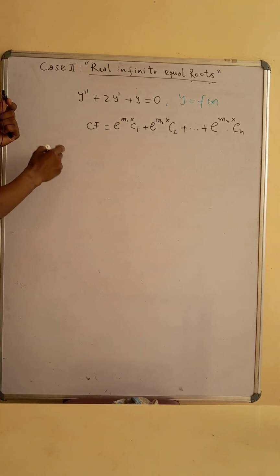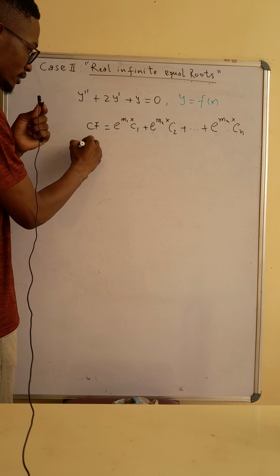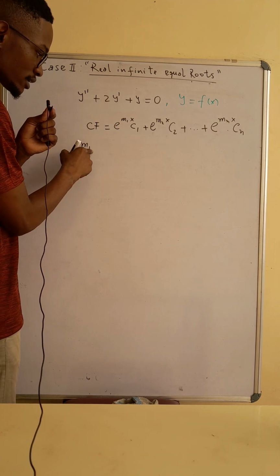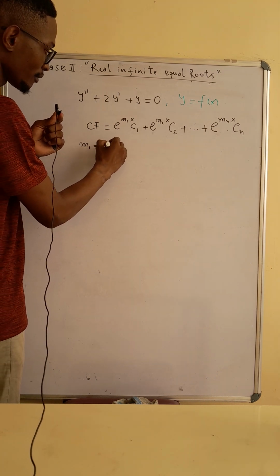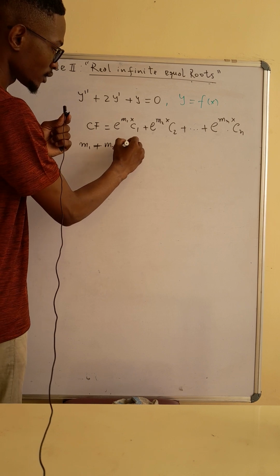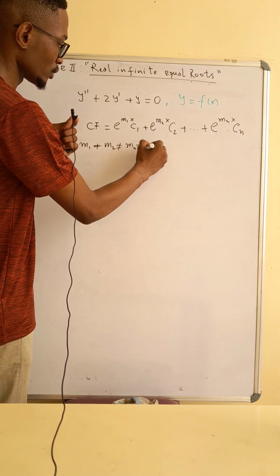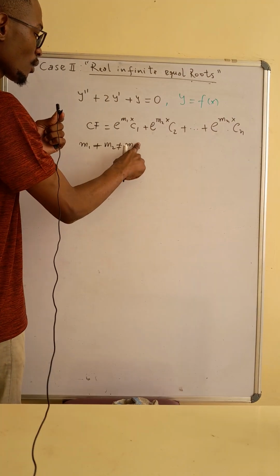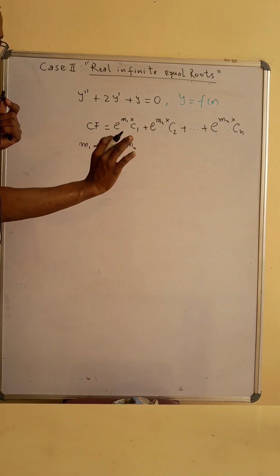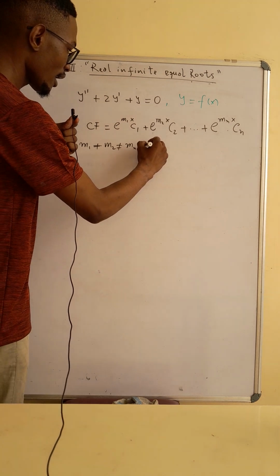This is when the first root m1 is different from the second root, and different from the n-th root. They are all different.